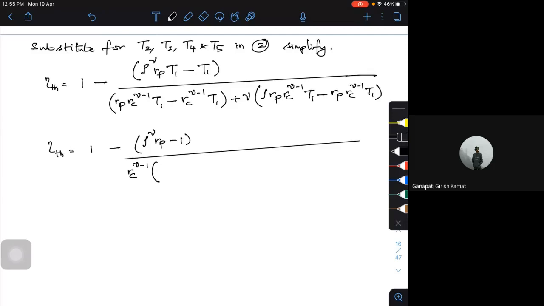I'm left with only RP minus 1, plus gamma is outside. When I take RC to the power of gamma minus 1 out, I'm left with RP into rho minus 1.